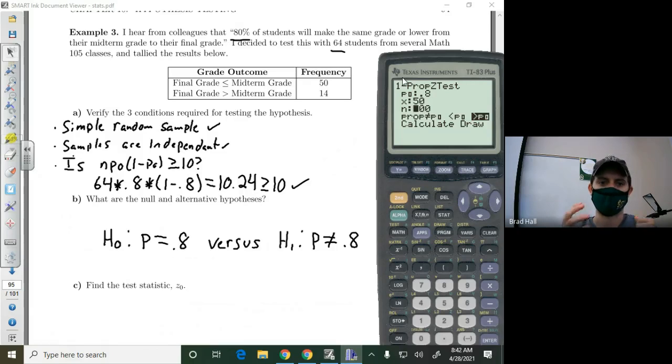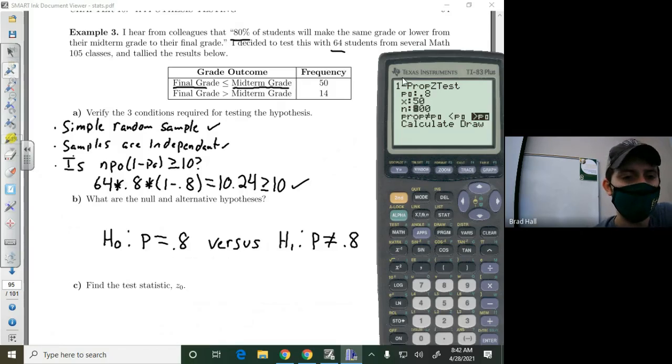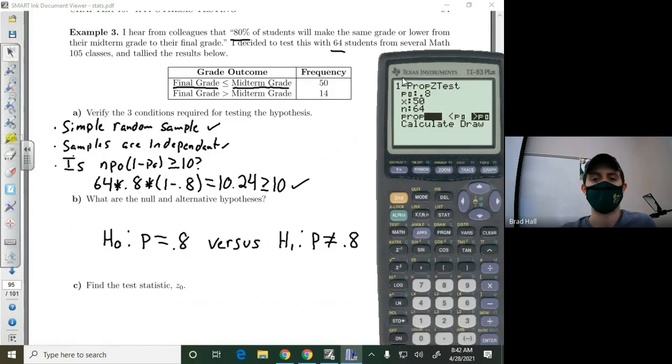The 80% is referring to the students that will make the same grade or lower. The top inequality is the same grade or lower. That's why I chose 50 instead of 14. And then that's out of 64 people. So that choice does matter here.